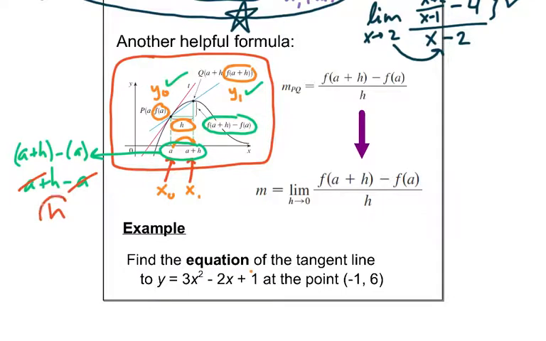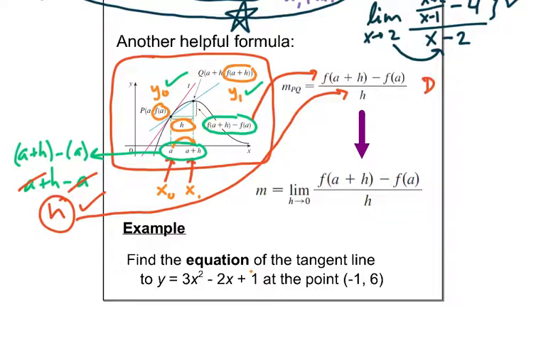So our actual run, or change in x's, is just going to be a single letter h. Maybe that's why we changed our letters. Okay, so now look what happens. If I do my rise on top and my new run on the bottom, look at that formula. For those of you who took pre-calculus regular last year, you recognize this is what we call the difference quotient. Oh, yay, it's back.